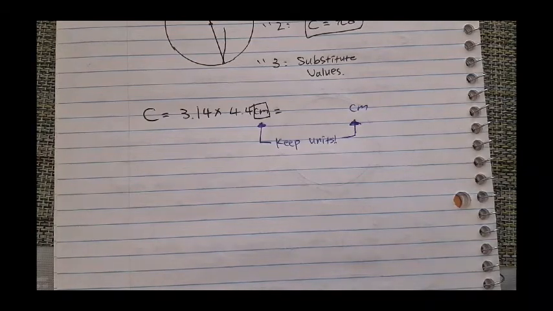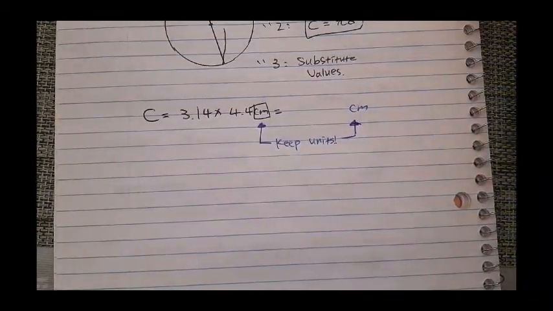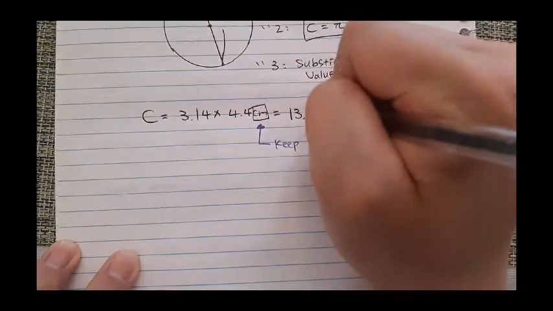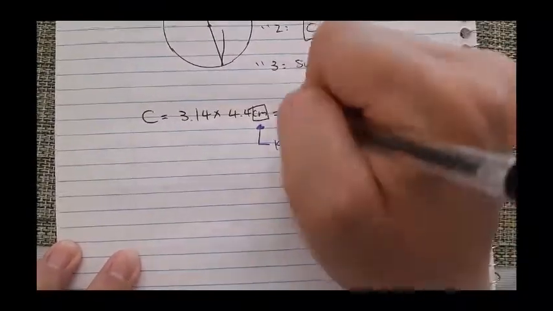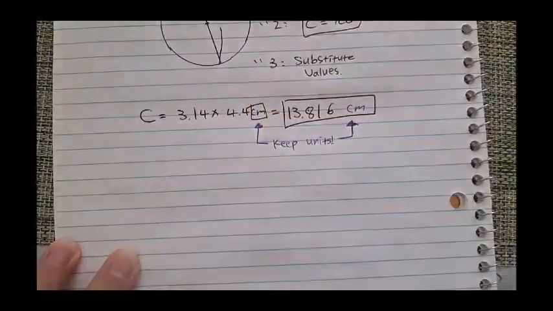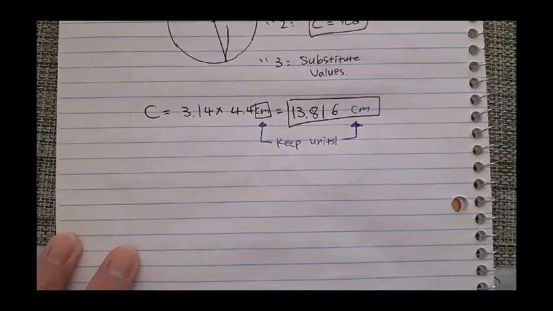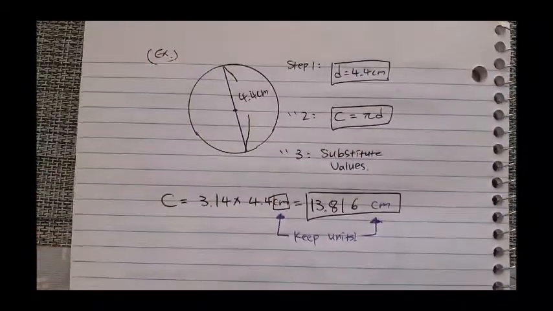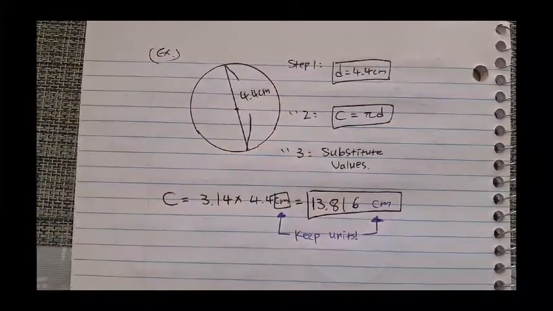So now take out your calculator. I want you to put 3.14 multiplied by 4.4. Then you will have 13.816 centimeters as your final answer. This is a situation where you have diameter given.